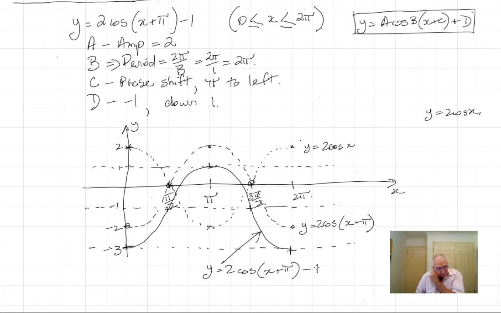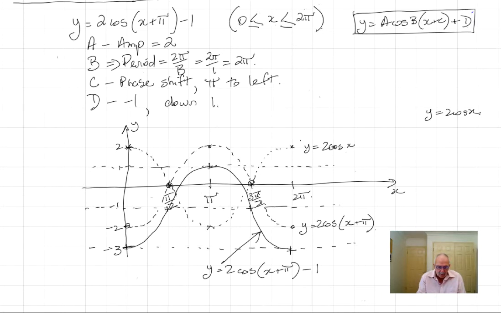Okay, so it goes between -3 and 1, so you can check that's still a vertical distance of 4. Half of 4 is 2, which is the amplitude, which is good. You could actually check values if you put your calculator into radian mode.